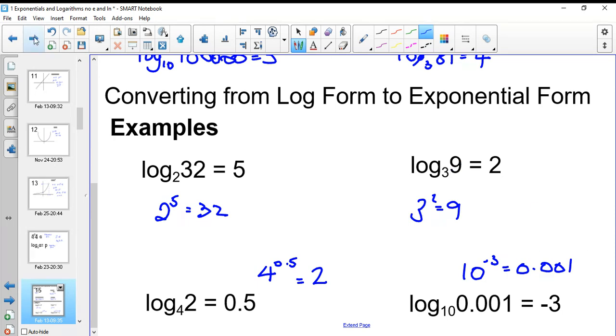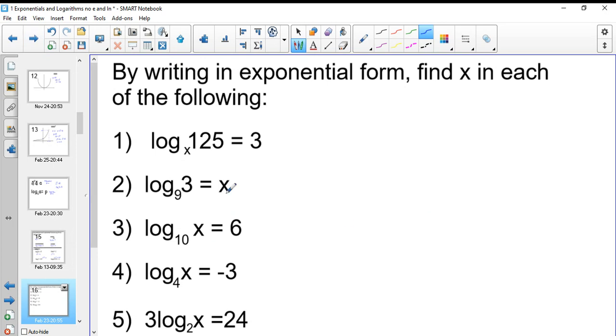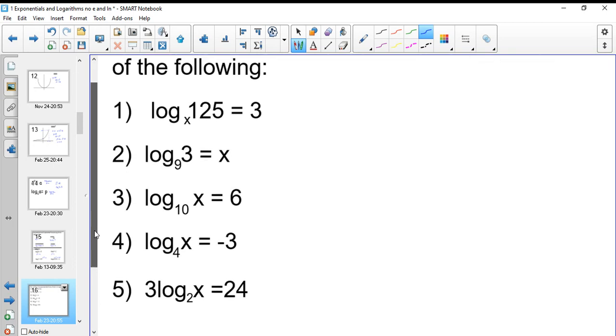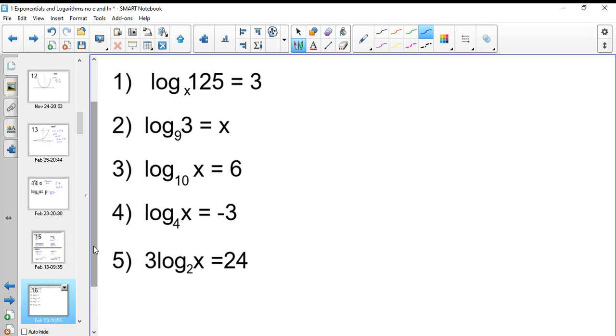So I would like you to pause the video, and by writing these in log form, you should be able to easily work out what x is. Pause the video now. Okay, so we'll just go through the answers.